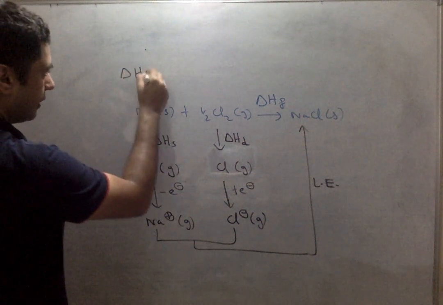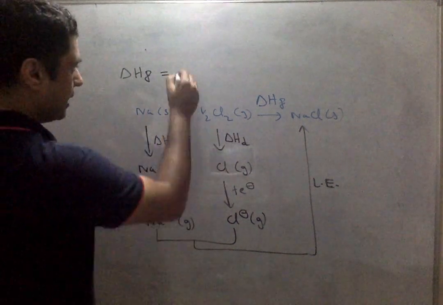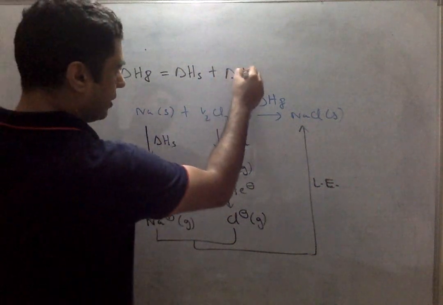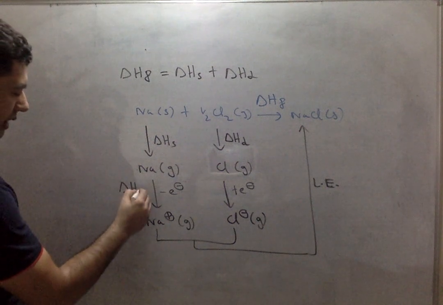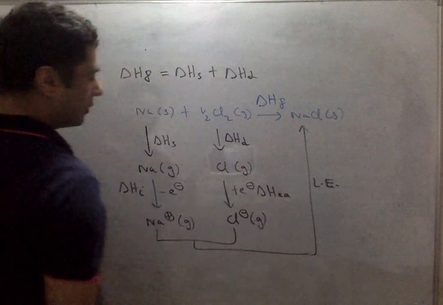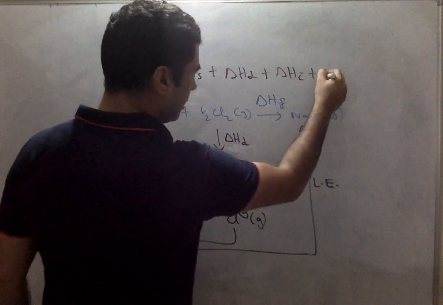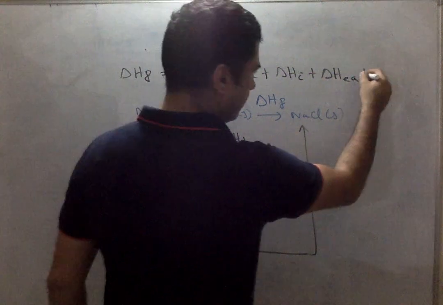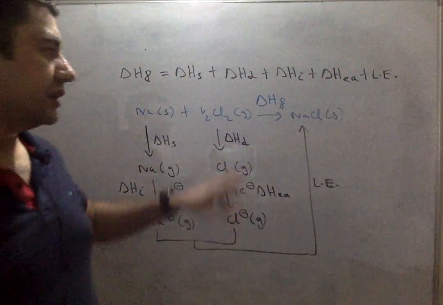Delta HF must be equal to the sublimation energy, delta HS, plus the enthalpy of dissociation, and of course there are enthalpy changes here, so plus delta H ionization, plus delta H electron affinity, and plus lattice energy. This is the equation which can be framed on the basis of Hess's law.